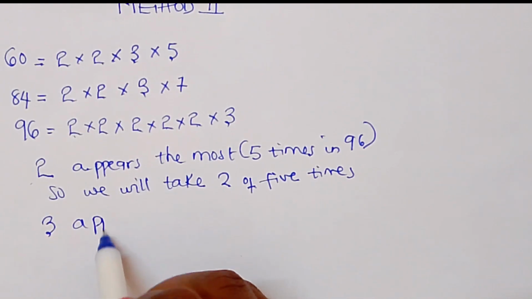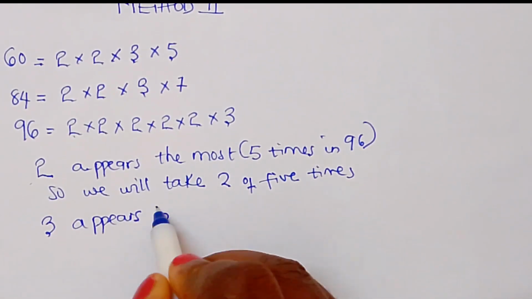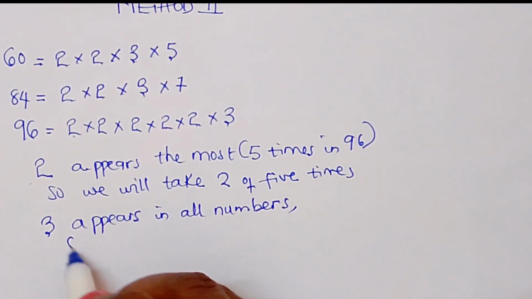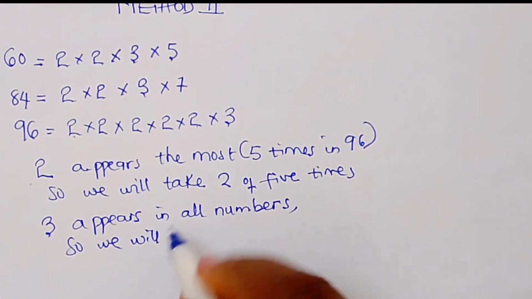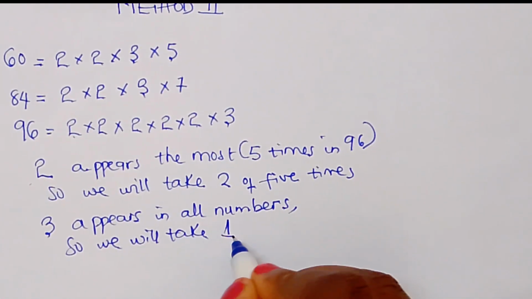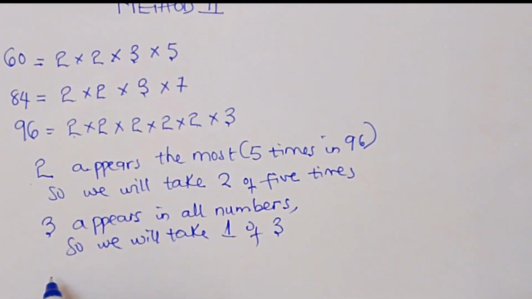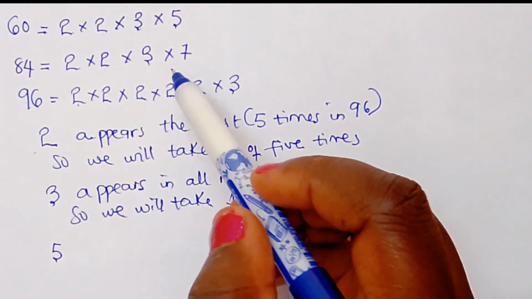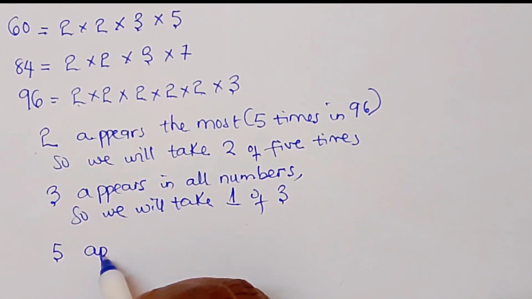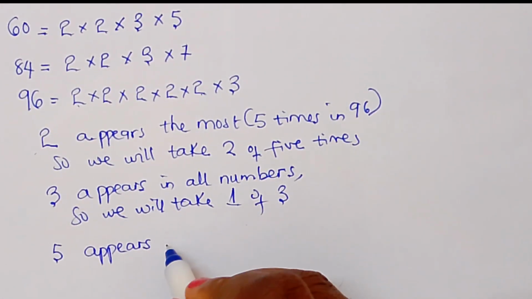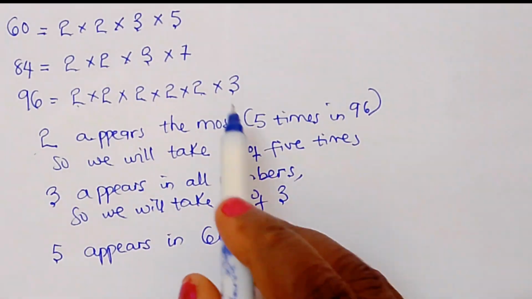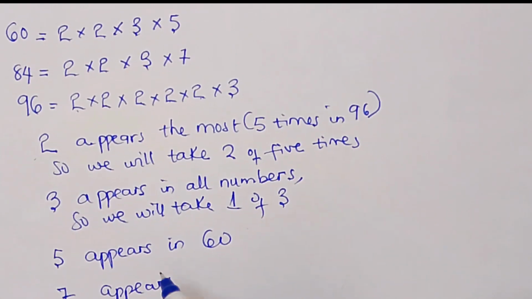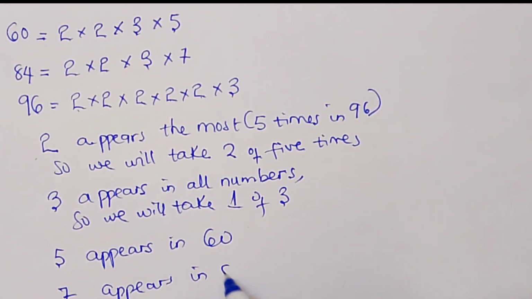So let's go to 5. 5 appears just once in 60. The next factor is 7. 7 appears just once in 84.